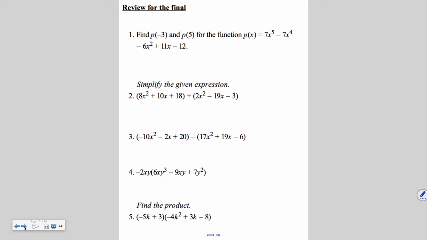So for this one, all you are doing when it says p is -3 is you are just plugging it in.